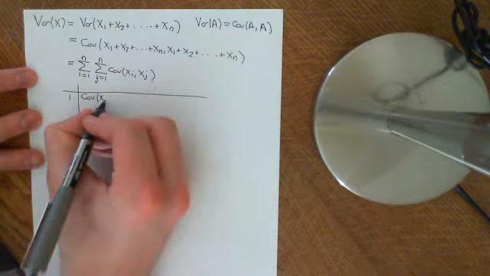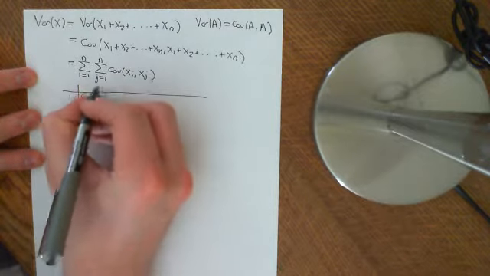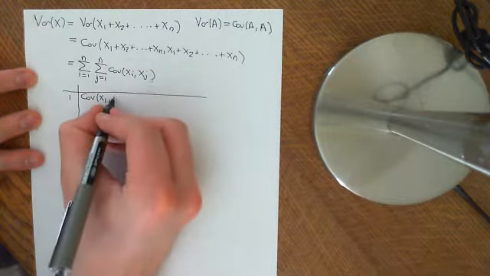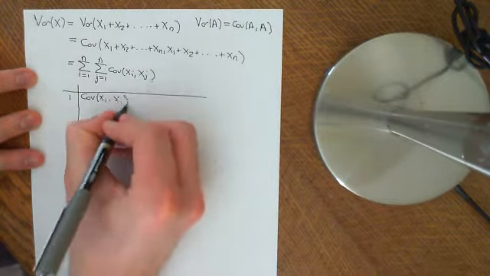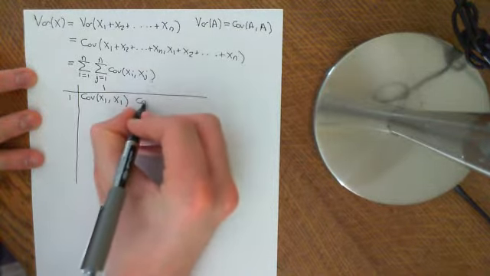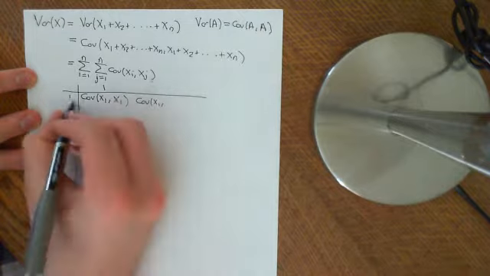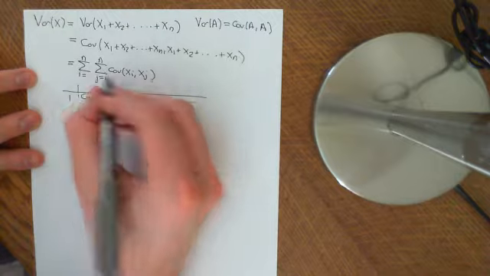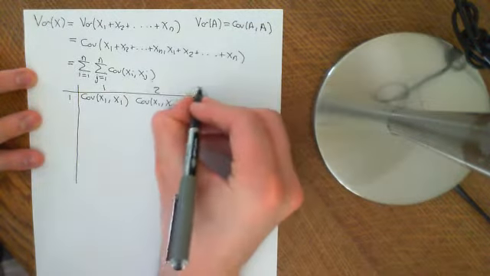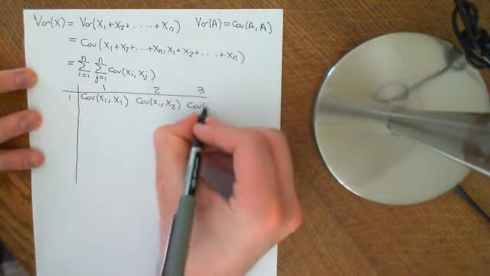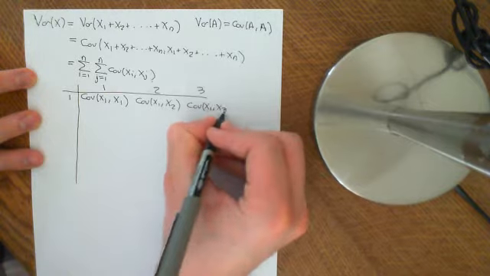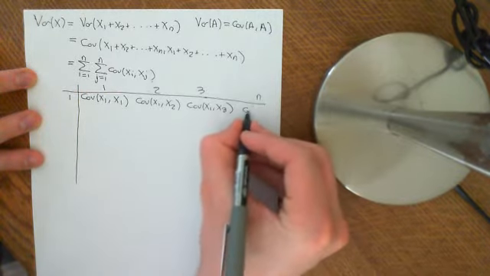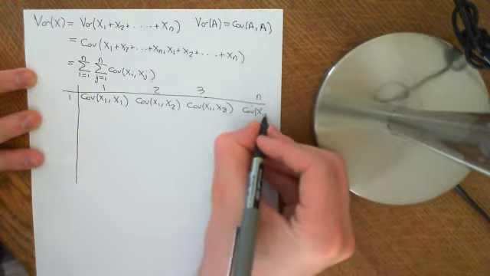We let i equal 1, and then we let j vary over every single value from 1 to n. So we do the covariance of X1 with X1, then X1 with X2, then X1 with X3, etc., all the way to the covariance of X1 with Xn.